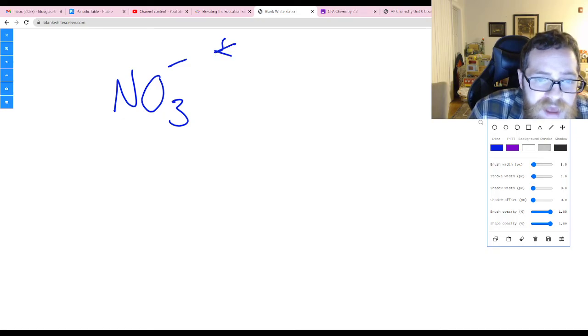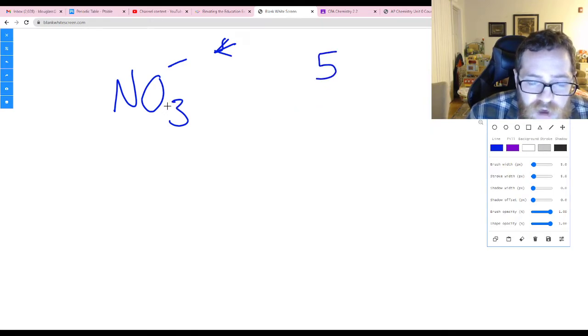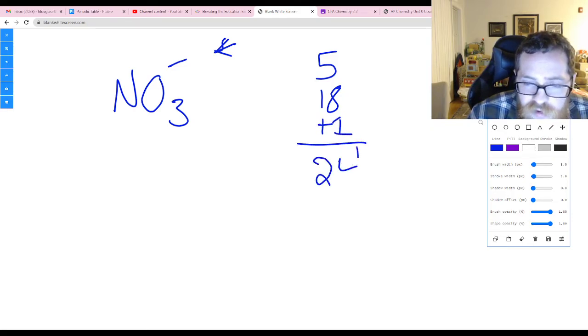We adjust our total number of electrons based on that charge. So normally for nitrogen we would have 5 electrons, and for each oxygen we would have 6 for a total of 18. This would give us a total of 23. However, with a 1 minus charge, we have 1 additional electron, which brings us to 24. So now we can draw our shape.